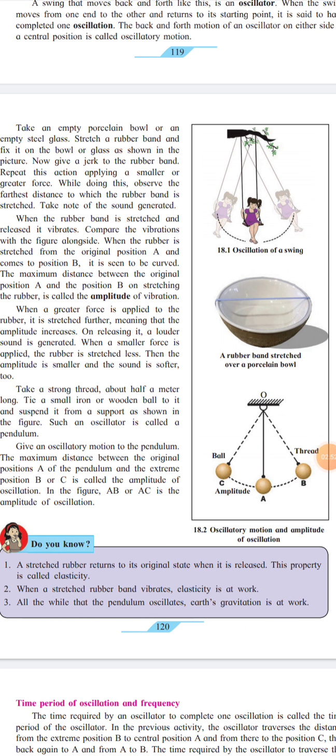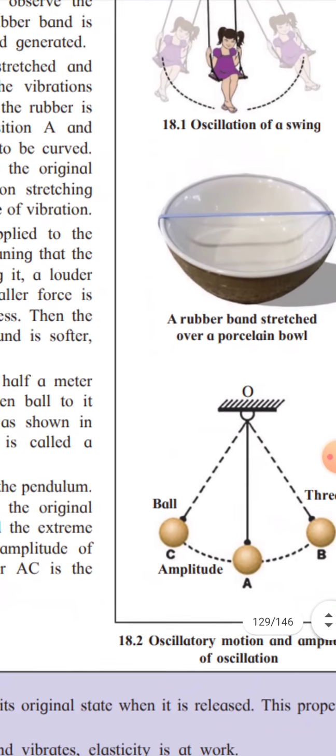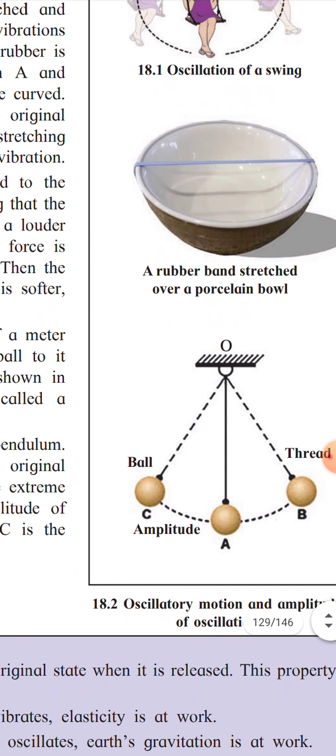Now take an empty porcelain bowl or empty steel glass, stretch a rubber band around it and fix it on the bowl or glass as shown in figure 18.2. In this way you put a rubber band around a bowl, give a jerk to the rubber band, and repeat again applying a smaller or greater force.